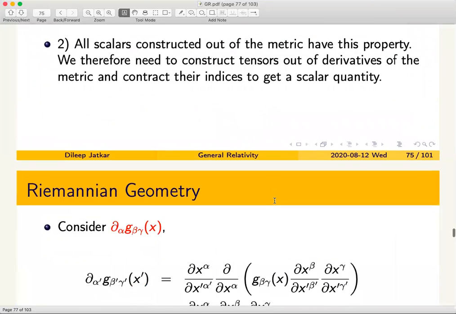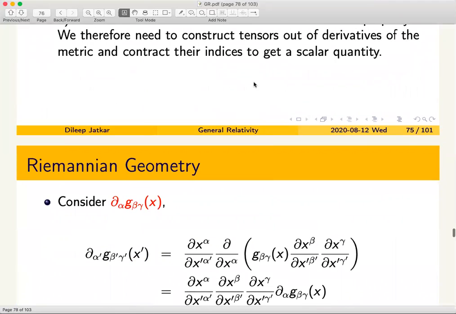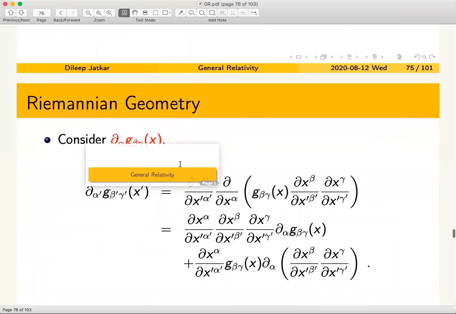With that understanding, we considered the first partial derivative of the metric, which was d alpha g beta gamma, and it has a transformation property which is not like a tensor. It has a piece which looks like a tensor, but it has another piece which looks like an inhomogeneous piece.